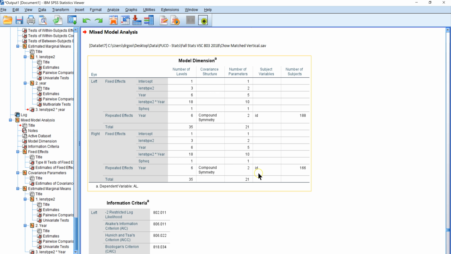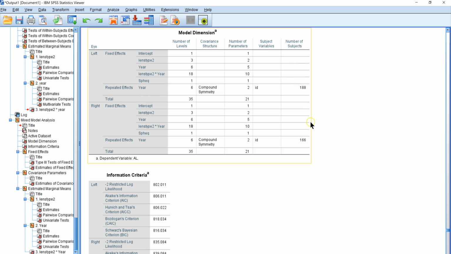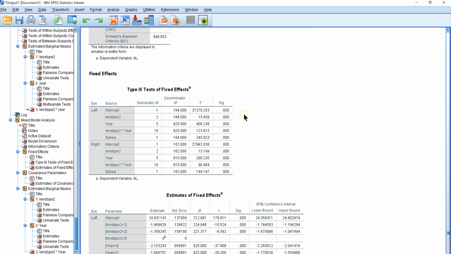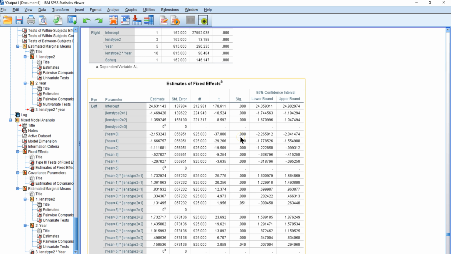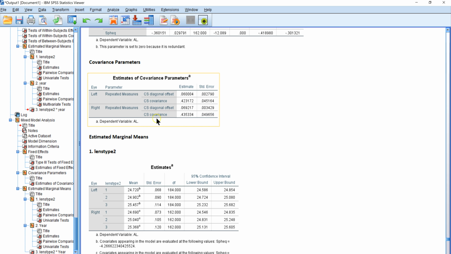Okay. We see we have 188 total subjects, compound symmetry. We have our fixed effects. Everything's significant. Here's our parameter estimates.